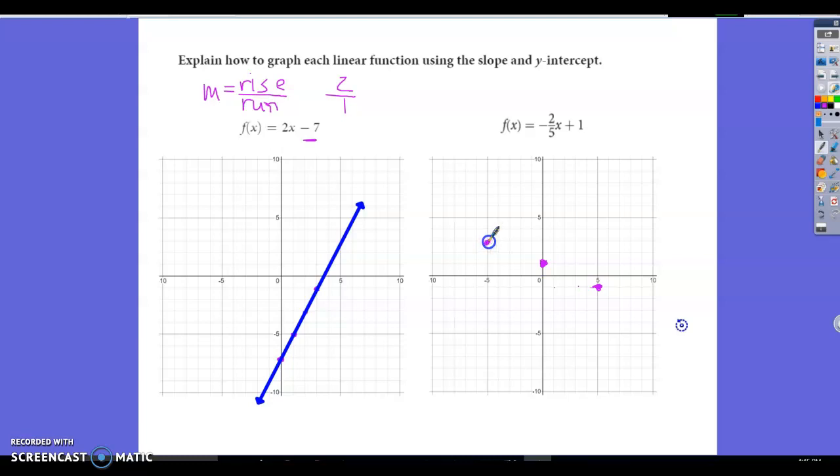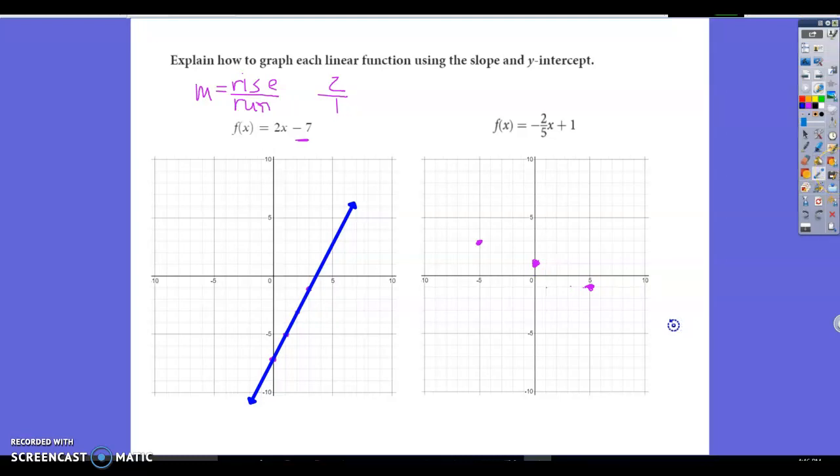Anytime you have a negative fraction, one of the numbers will be in a negative direction and the other one will be positive. Remember, when dividing, one negative means one of the two will be negative and the other positive. All right, so to graph this line again, we're going to go through those points.